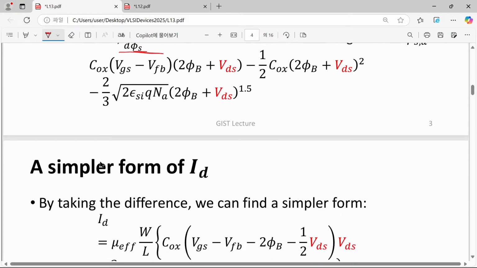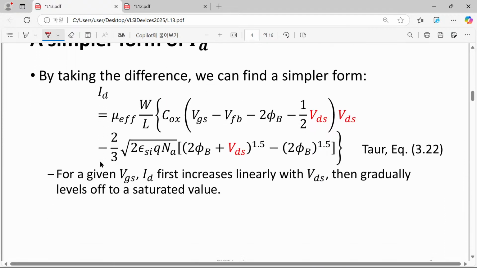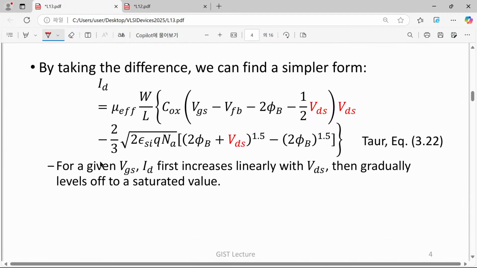So I will just skip all kinds of this expression. Now we can find a simpler form. Why is it simpler? Instead of evaluating the surface potential at the source side and drain side, it is now readily available.